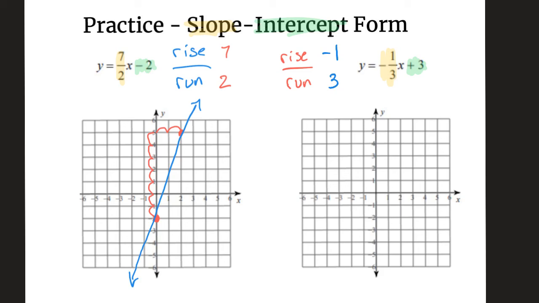So let's plot our y-intercept, which is at +3, and then I'm going to go down 1 this time, down 1, and then run 3: 1, 2, 3. And then I'm good to draw my line.